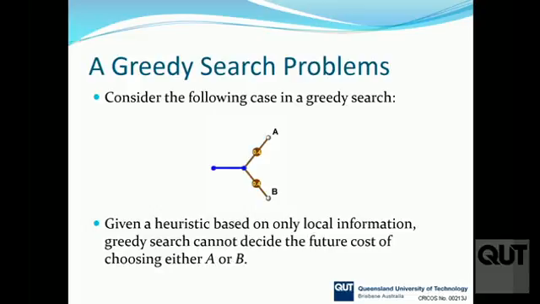There are other kinds of problems that occur with greedy search. So if, for example, we're at a node and the edges to the children all have the same weight, we actually arrive at a position where the search doesn't have any information.